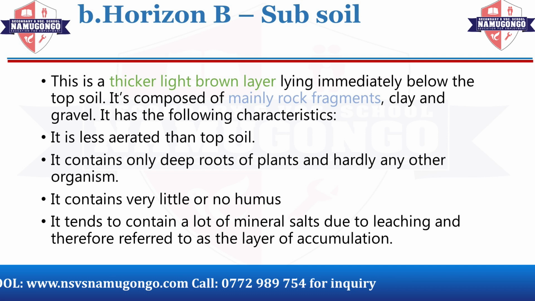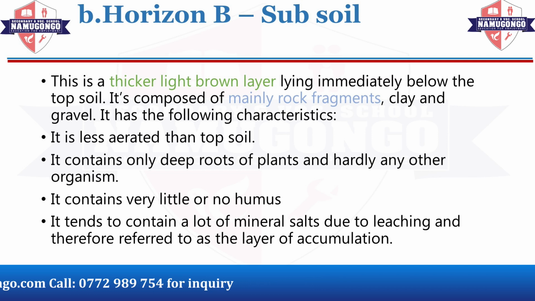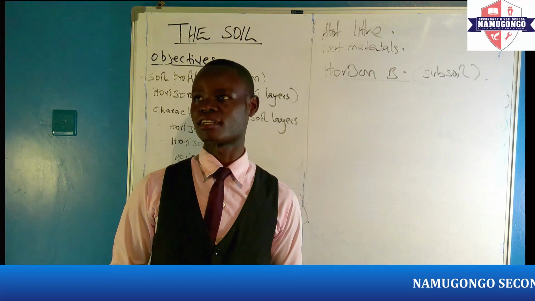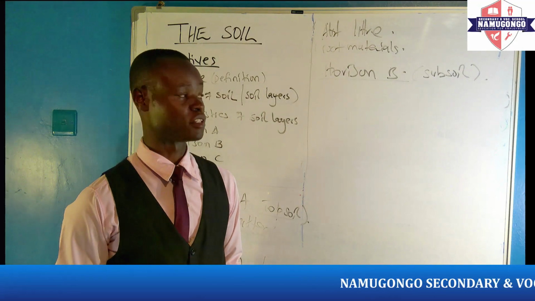And these are some of its characteristics. One, it is highly aerated, meaning that it contains a lot of air. The presence of air spaces is a sign that there are a number of living organisms, because the air is used for respiration of living organisms.